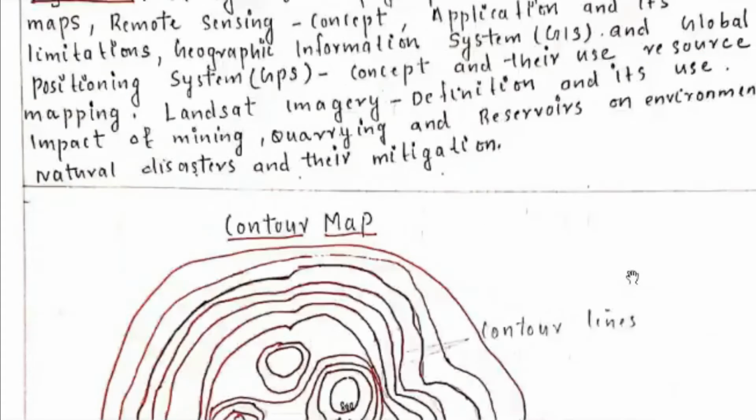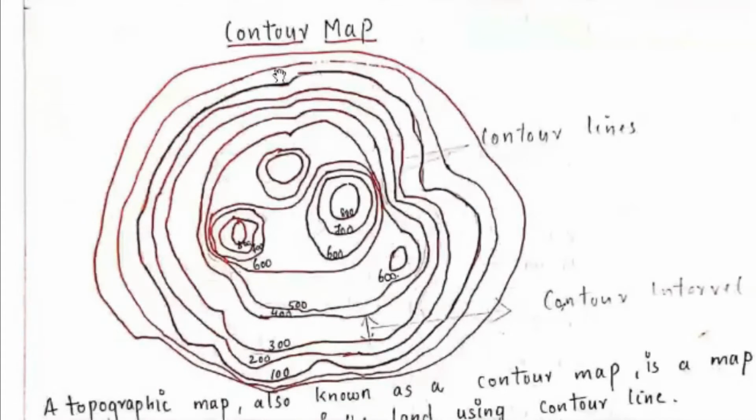Here, in a schematic diagram on the screen, you can see a contour map. You can see different contour lines, and in each line some value is mentioned: 800, 700, 600, 500 like that. Each line is representing the relief of that particular area.